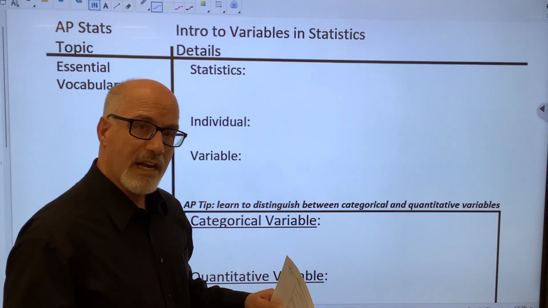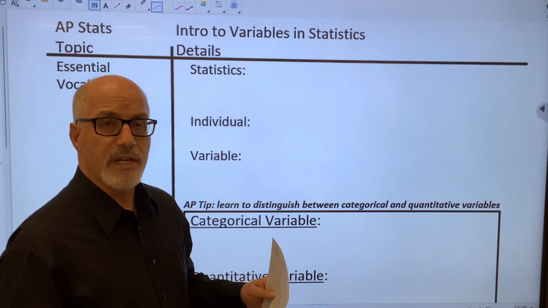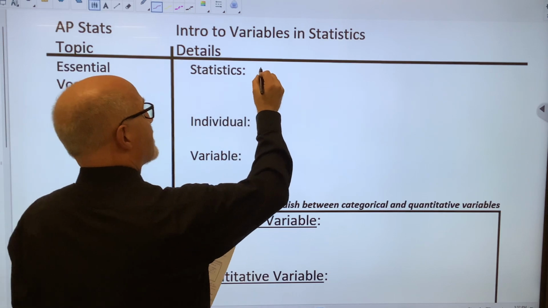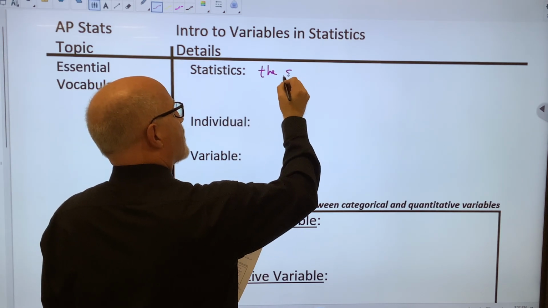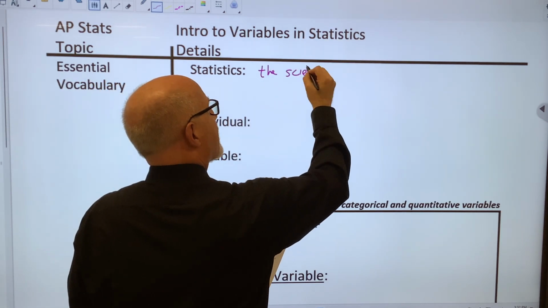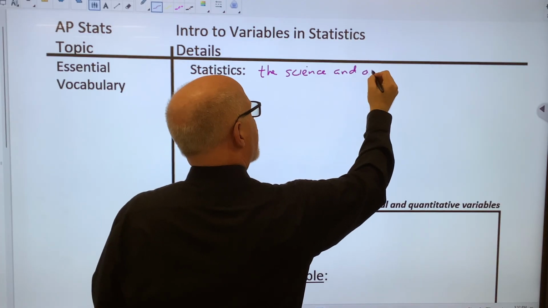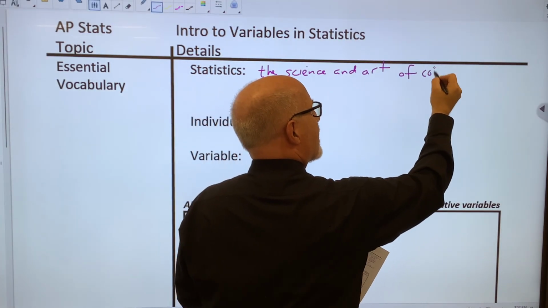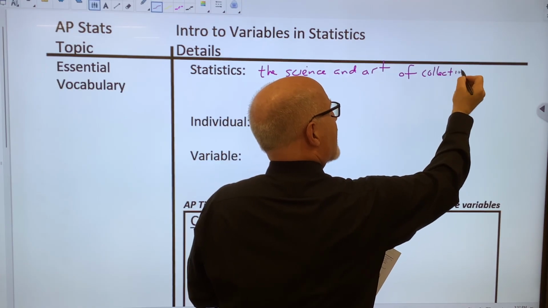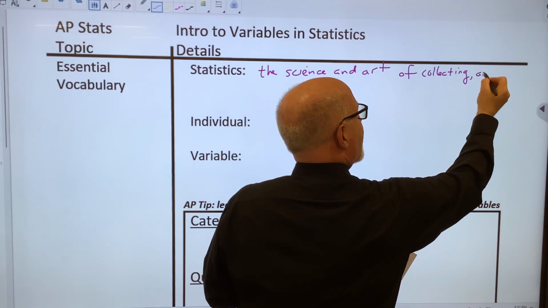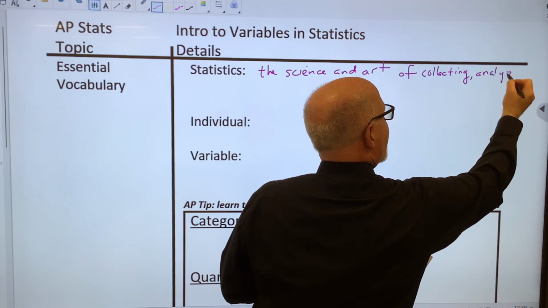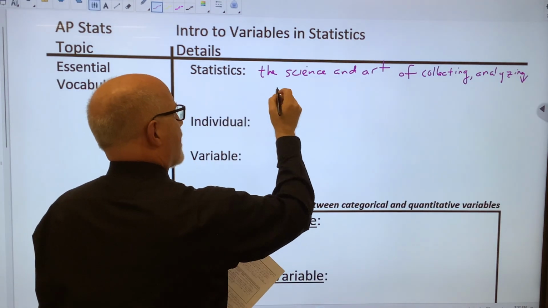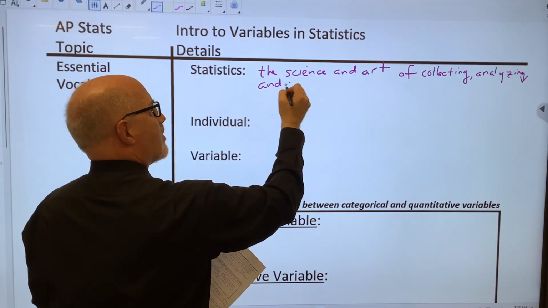Statistics as a mathematical study has a lot of art to it as well as process and procedure. So it is the science and art of collecting, analyzing, and drawing conclusions from data.